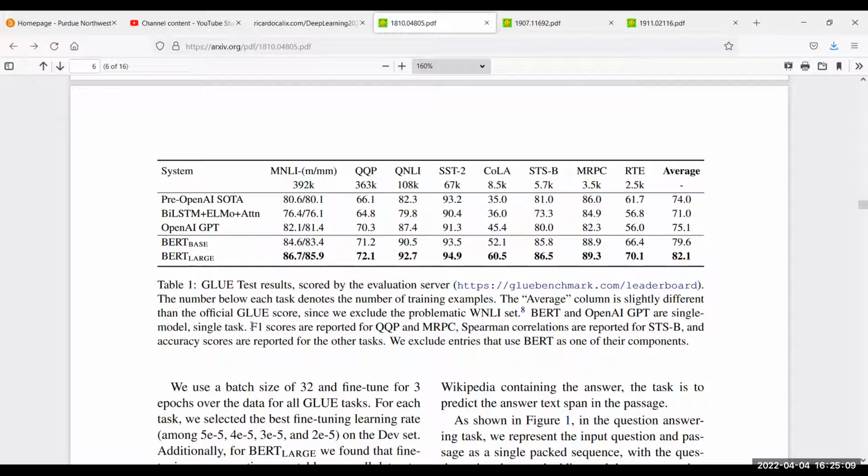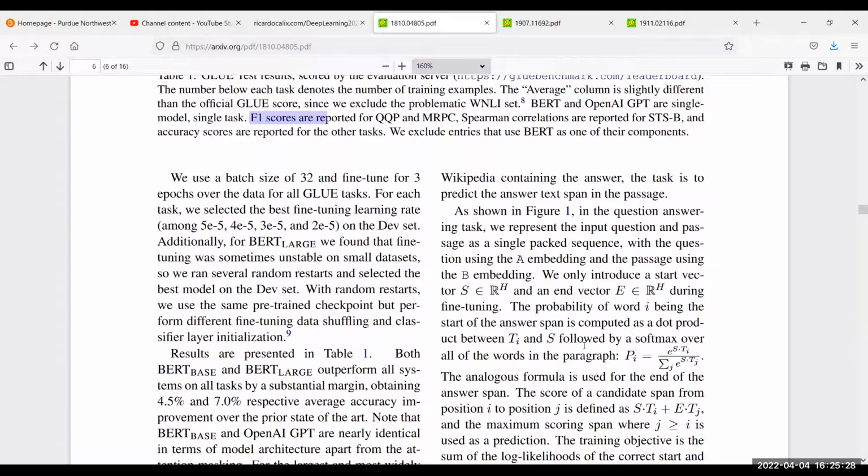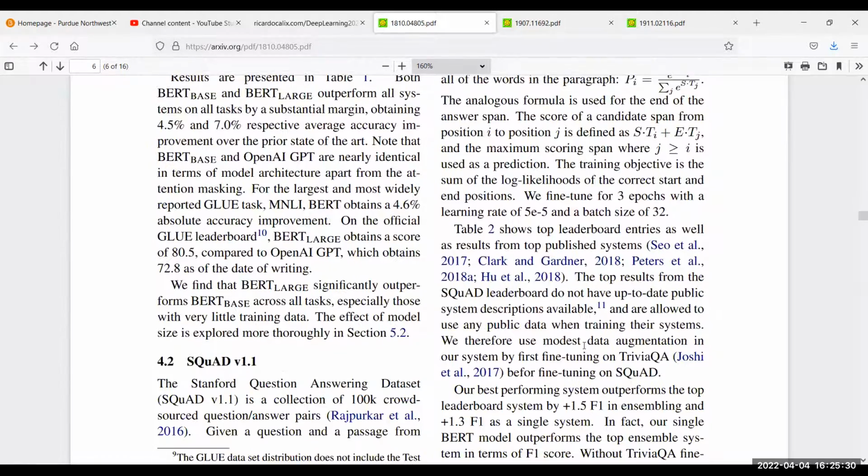Right. And then notice it just uses standard metrics like F1 score. Notice that usually BERT large is better than BERT base. So this kind of says the more architecture and the more data, the better it'll do. You can see all of these values are better. So that's the GLUE task.